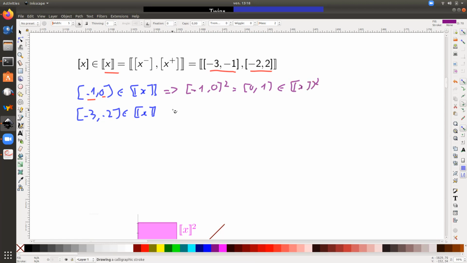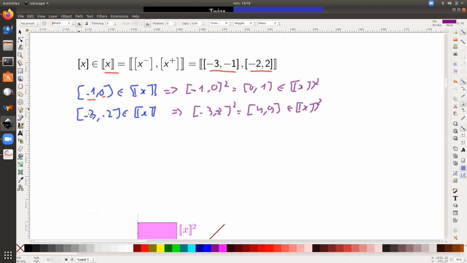Now, in the same manner, I have [-3, -2] squared, which is equal to [4, 9], which should also belong to x squared. So both should belong to x squared.